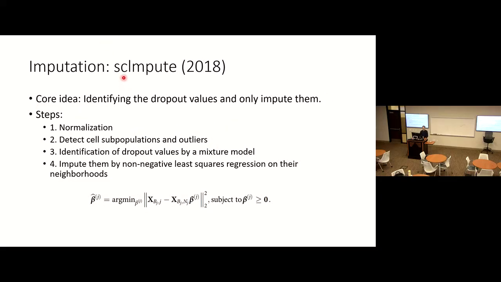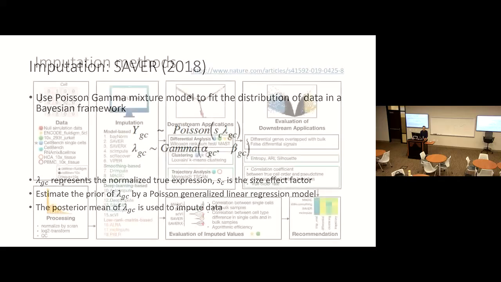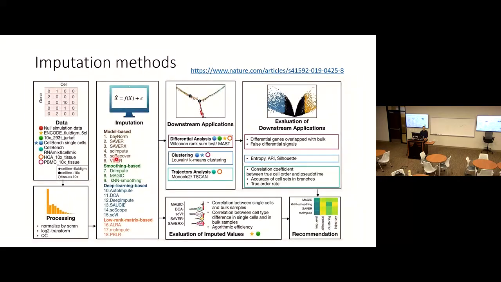This is another one called SC impute, another pipeline to do the imputation, from 2018. Let's see which category SC impute falls in. SC impute is also model-based, one of the methods in here.